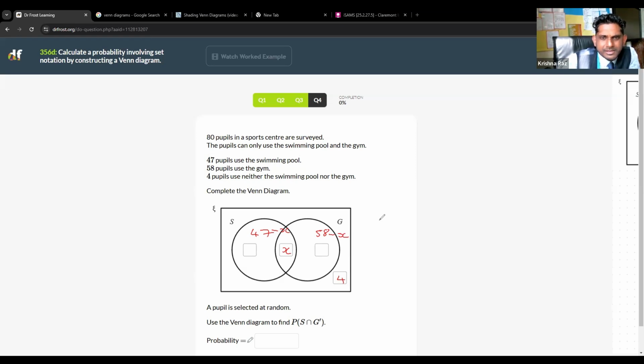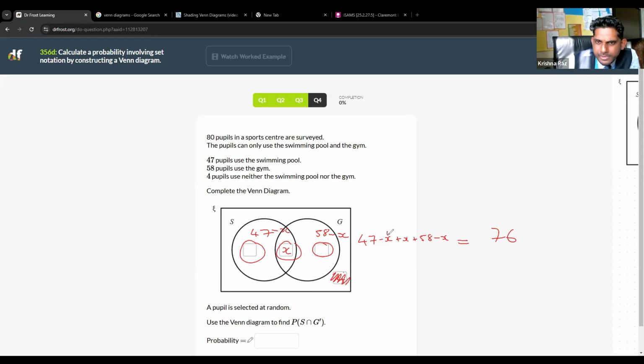And all 4 numbers must add up to 80. So these 3 numbers must add up to 80 minus 4, which is 76. I've got 47 minus x plus 58 minus x must equal 76.